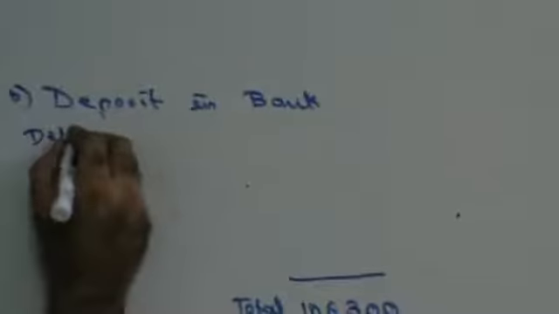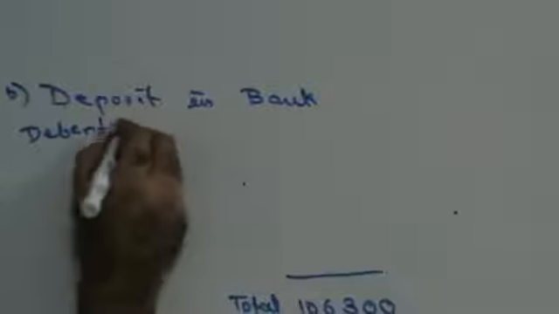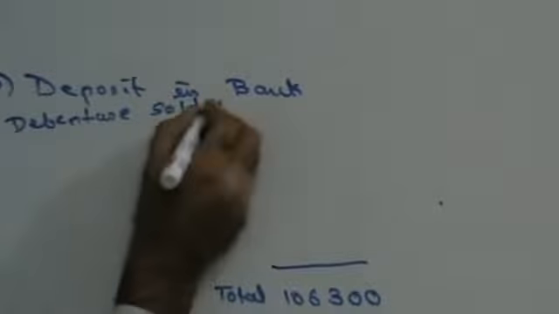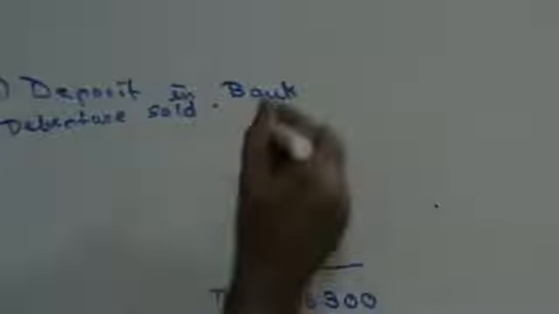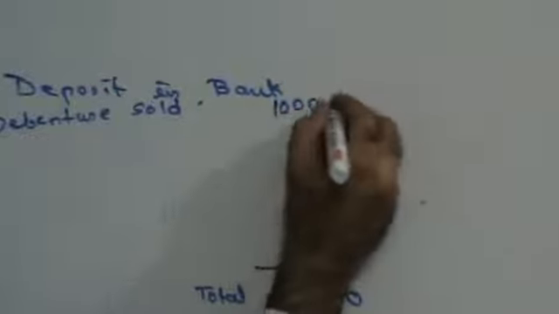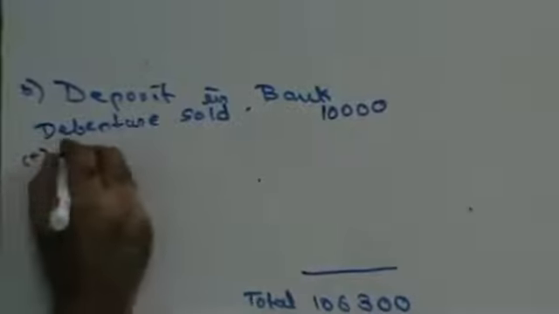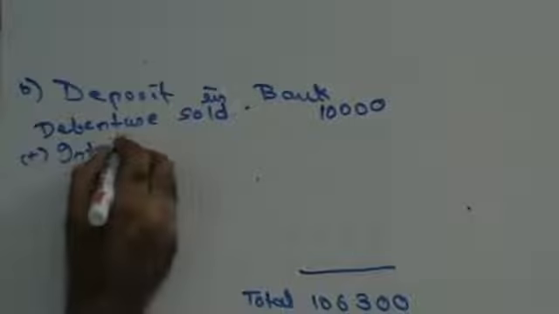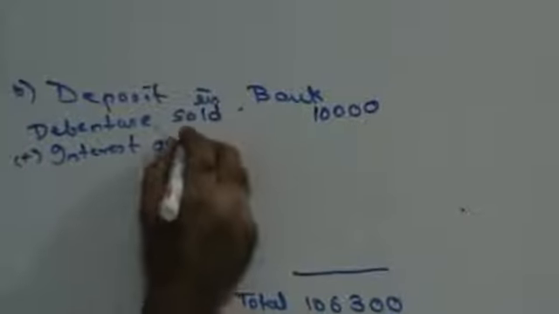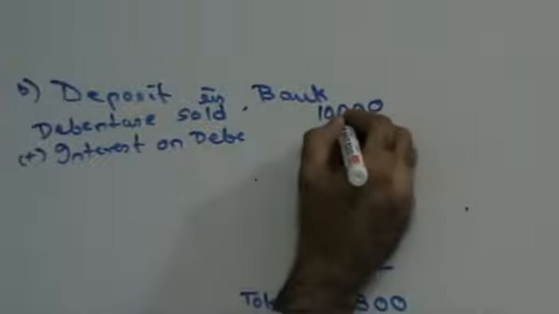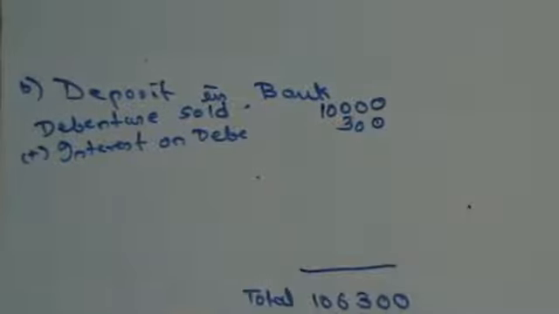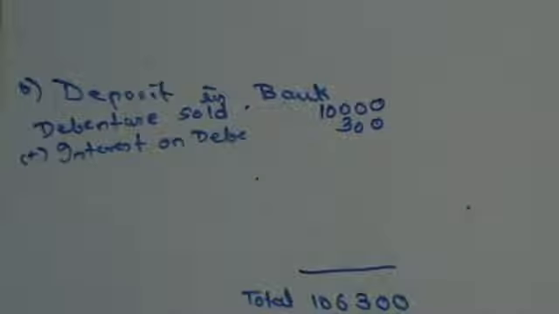So debentures sold for 10,000 rupees, plus interest on debentures of 300 rupees, which he must have deposited into bank, because they have specifically told you that whatever money he gets he deposits into the bank.